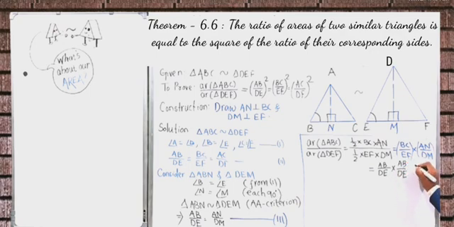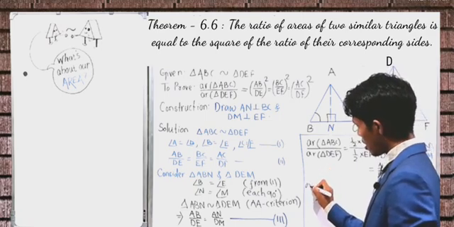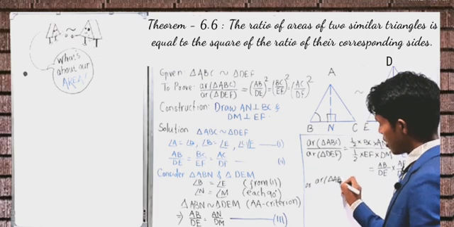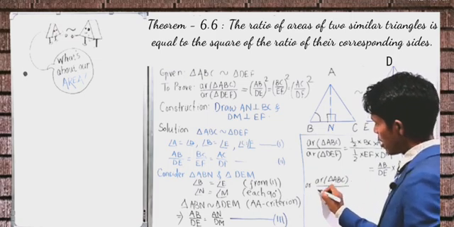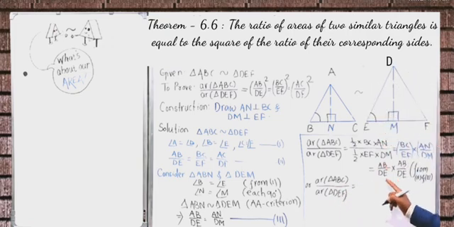We can write here from point 2 and point 3. So now we can get area of triangle ABC upon area of triangle DEF is equal to AB by DE multiplied by AB by DE.